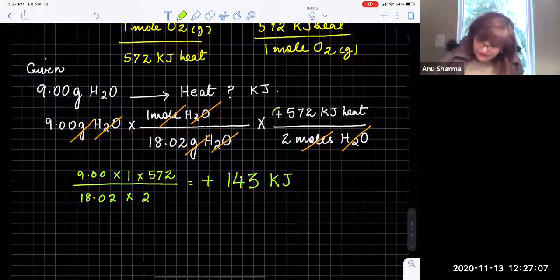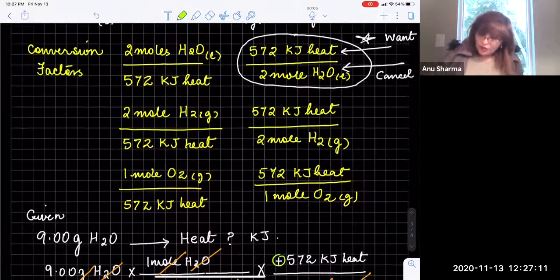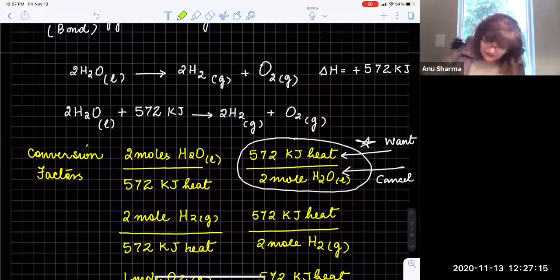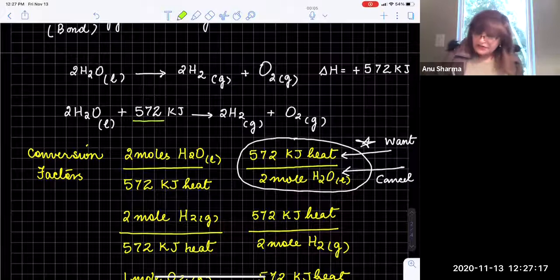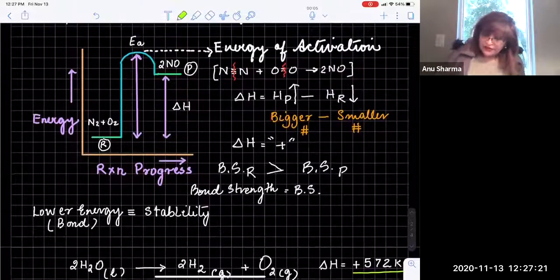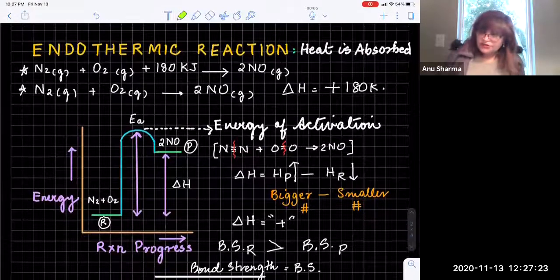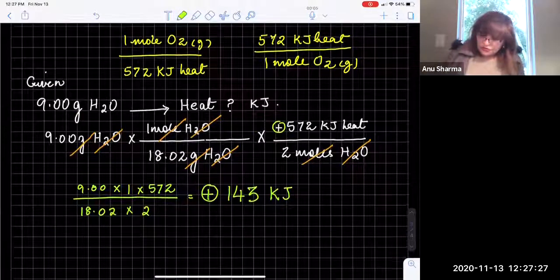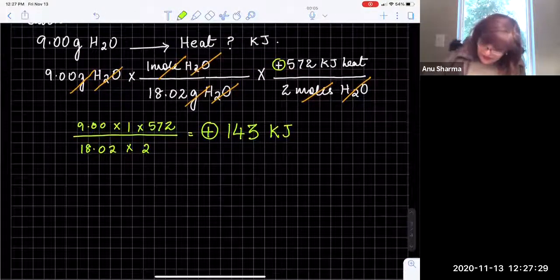Why is it positive? Because the heat is being absorbed. You can see that this is a part of the reactant. So here delta H value is positive because we are looking at an endothermic reaction in which the heat is absorbed.